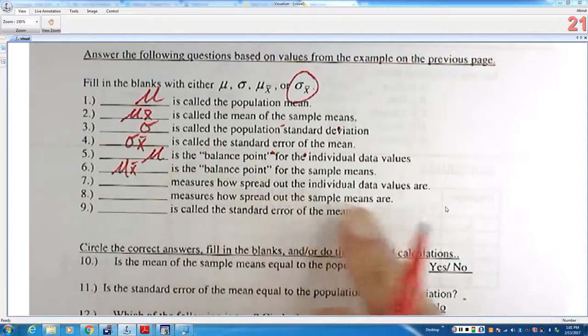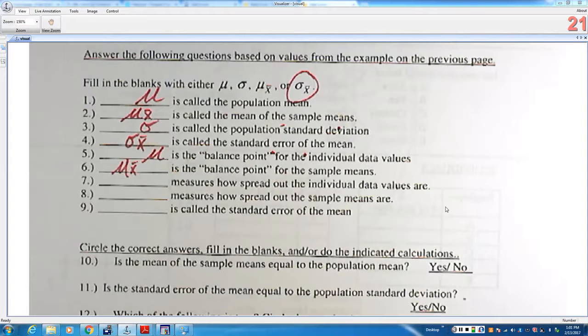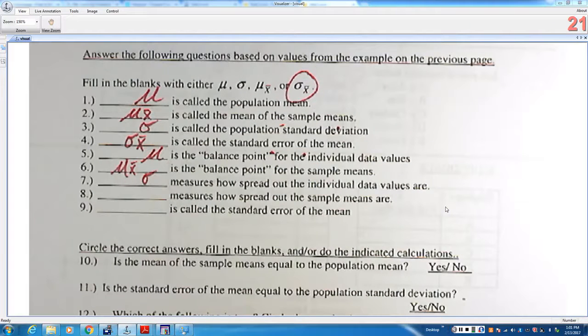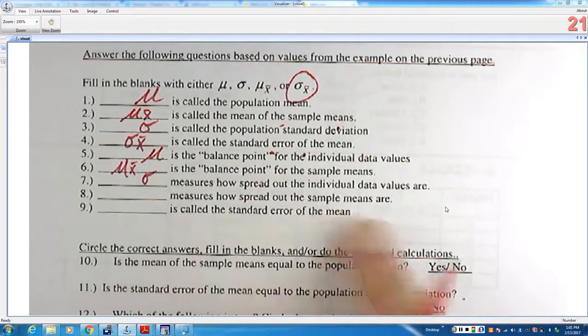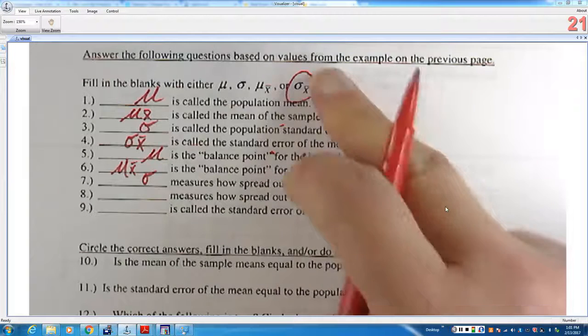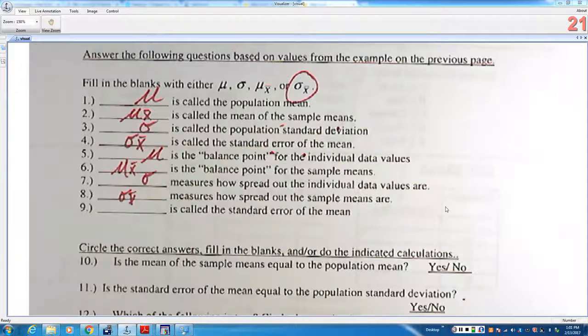Which one measures how spread out the individual data values are? The standard deviation. Which one measures how spread out the sample means are? The sigma sub x bar, that's called the standard error.